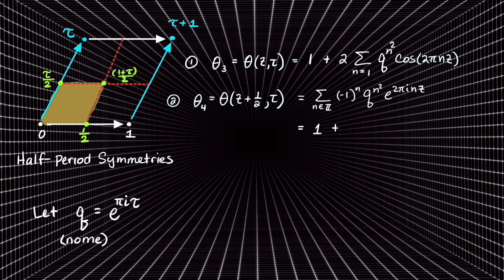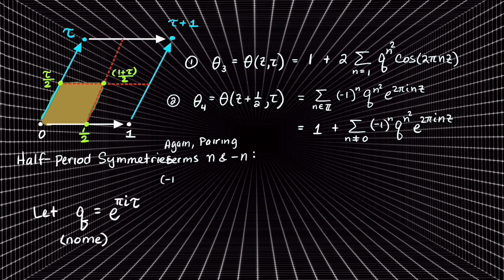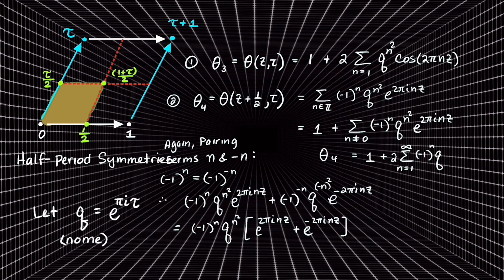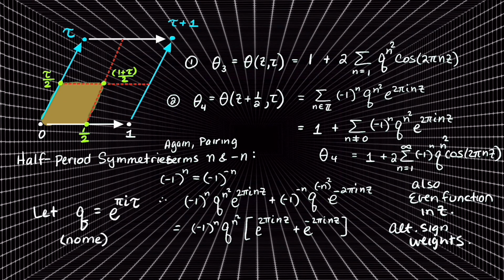He discovers that theta 4, which is the shift by 1/2, can again be paired using n and negative n, and so we can reduce the summation down to something that we can identify as either an even or odd function. Through a little algebraic manipulation, and using the exponential form of sine and cosine again, we get this to be another form of cosine, another even function in z, but one that alternates its sign weights.